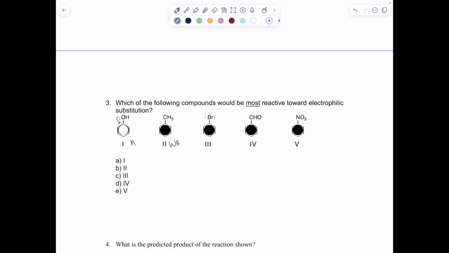So it is weakly deactivating because halogens are the one exception where the inductive effect is stronger than the resonating effect. So this is weakly deactivating.